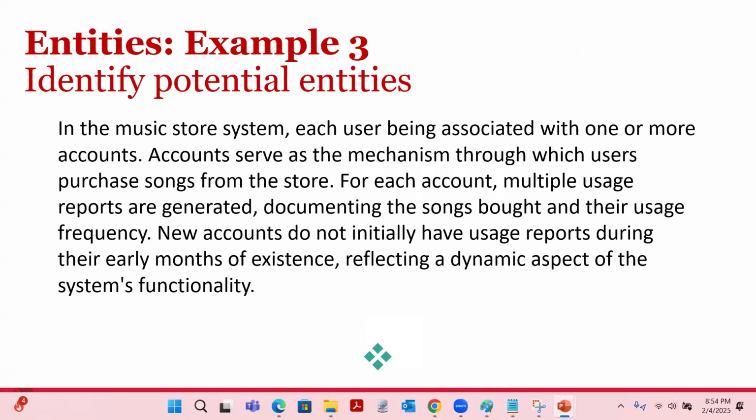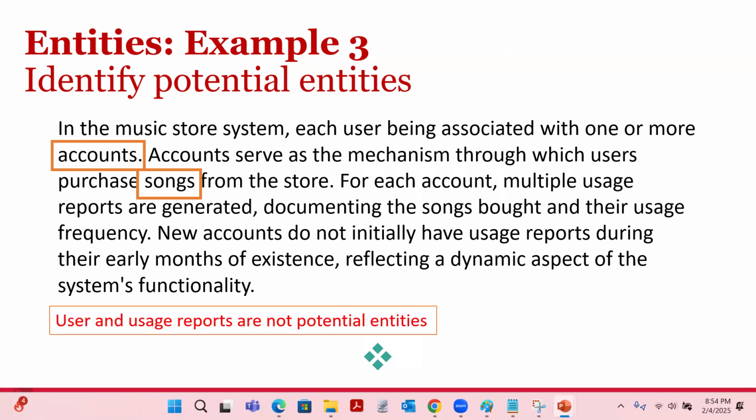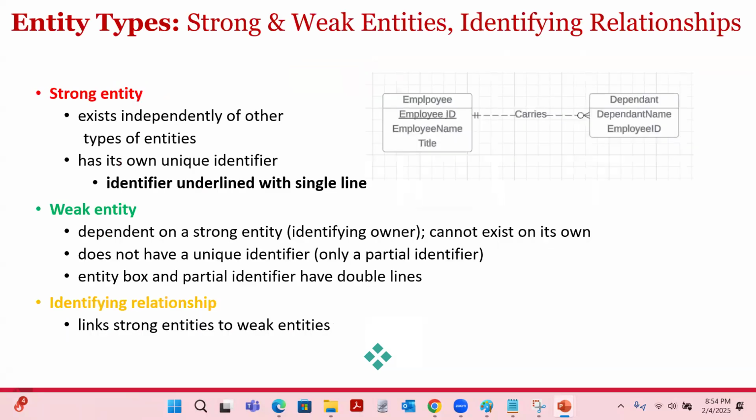And usage reports, as we remember, are also not part of the conceptual model because they are system output. So none of those reports can be part of the conceptual model. So here we go. Good entities are accounts and songs, and user and usage reports are not potential entities.